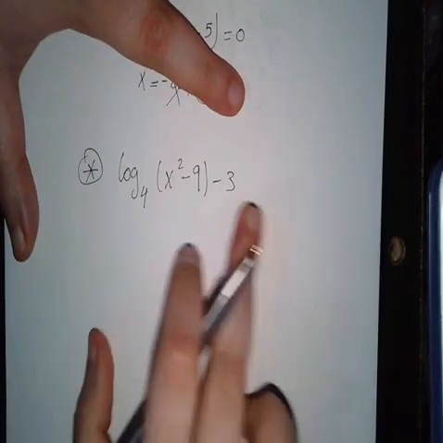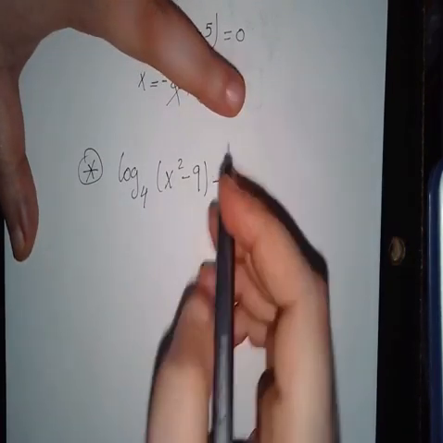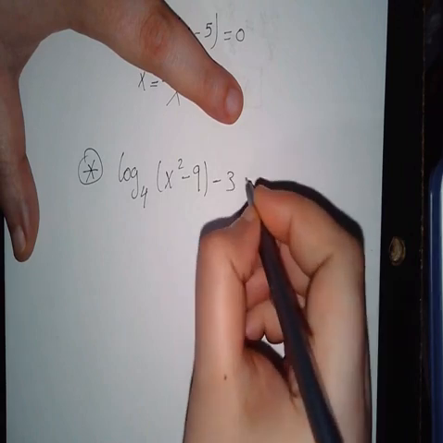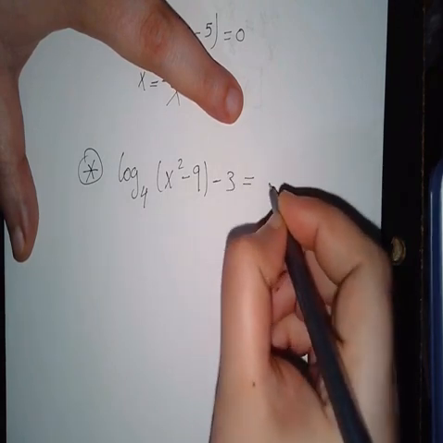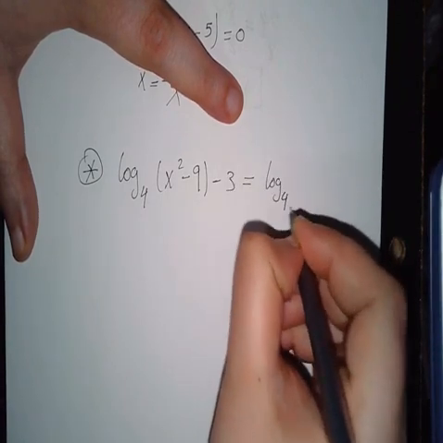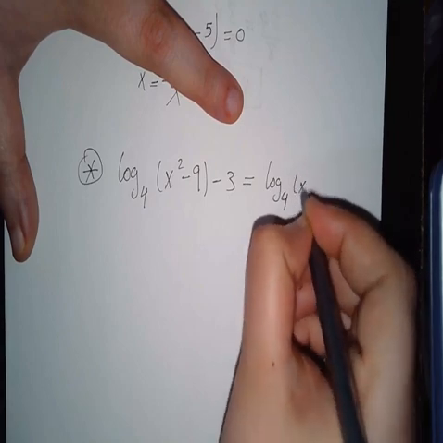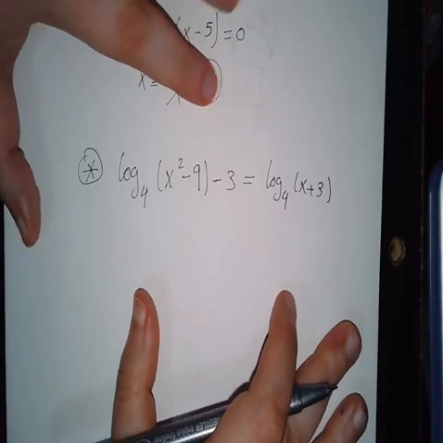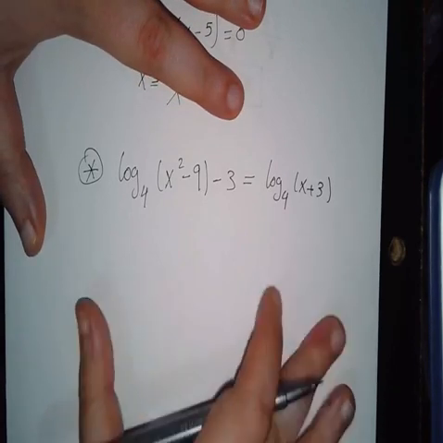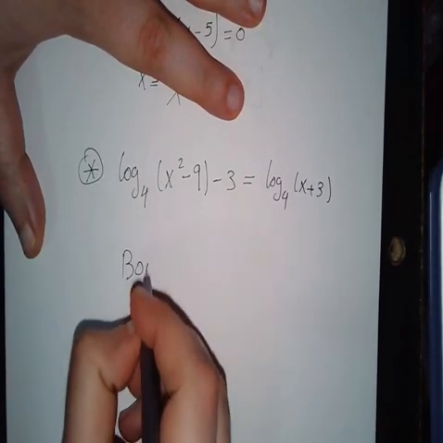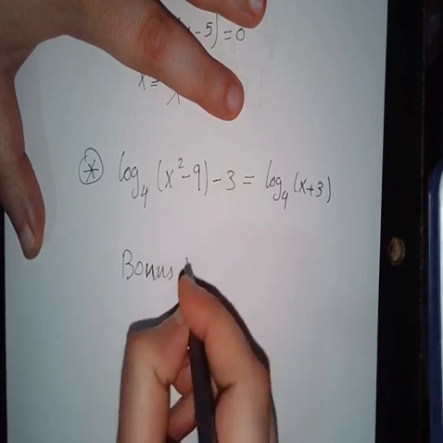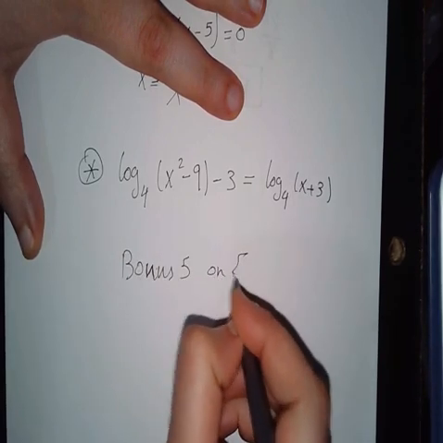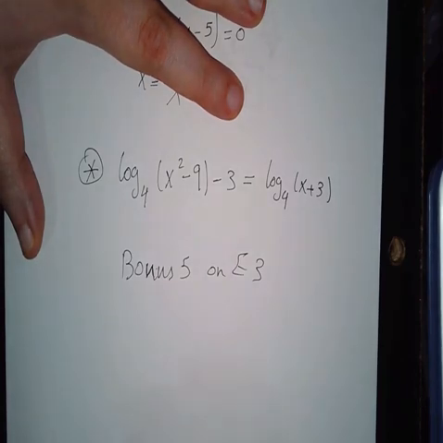Okay, so the minus 3 is on the outside of the parentheses. Now, equals log base 4 of x plus 3. Okay, this is the question. If you solve this, you get 5 points. Bonus 5 on E3.